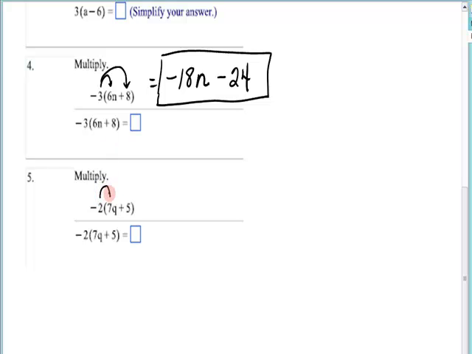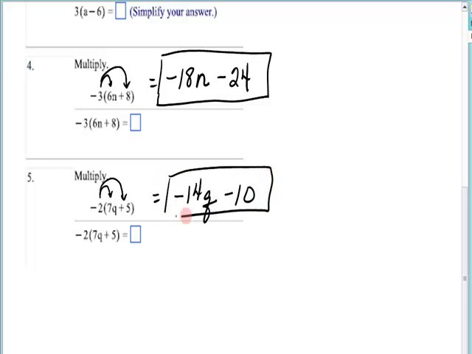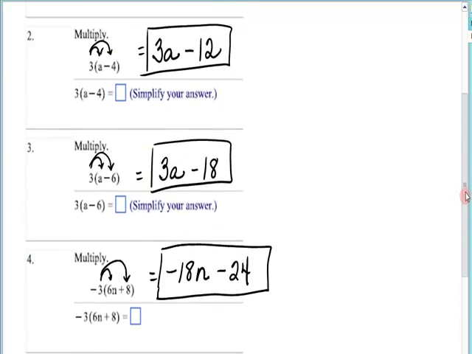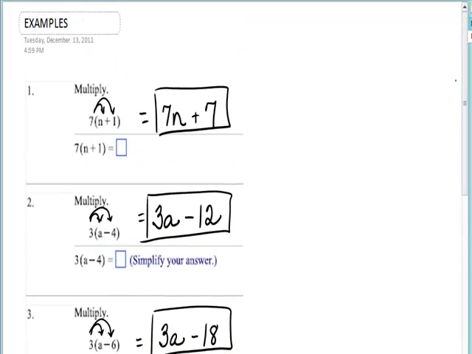So it is implied multiplication, and I'm going to need to use the distributive property. Negative 2 times 7q is negative 14q. Negative 2 times positive 5 is negative 10. And I'm done. So I've been practicing the distributive property. You have to be careful with your signs. Use your rules for multiplying signs.